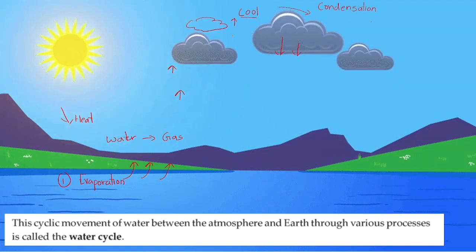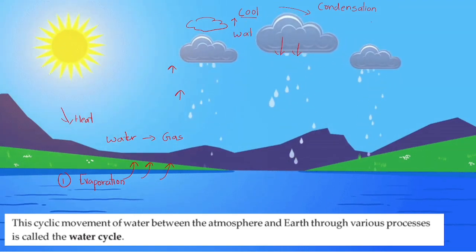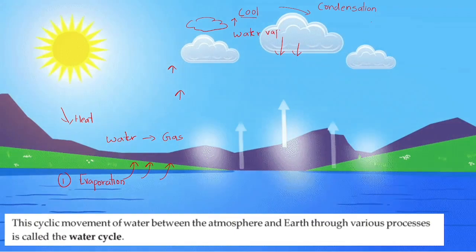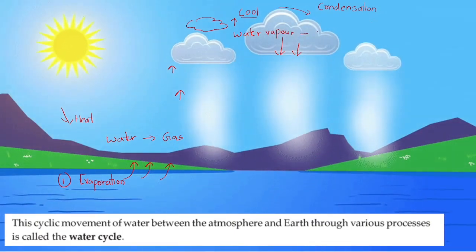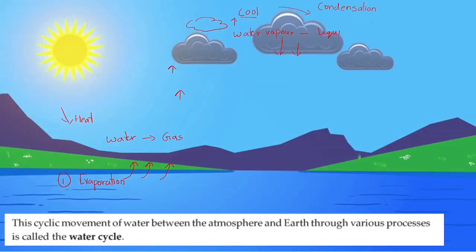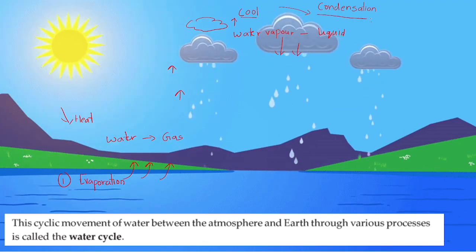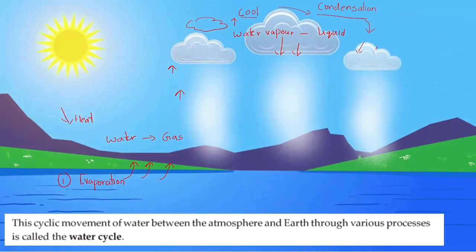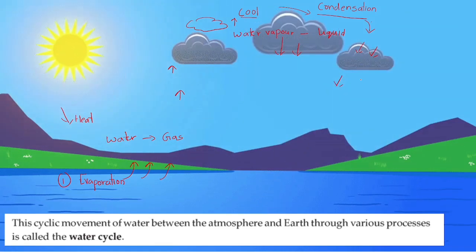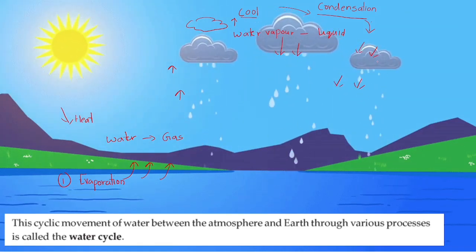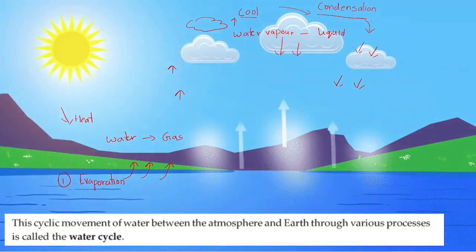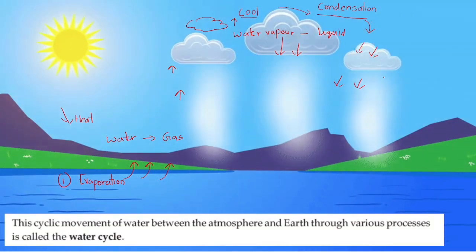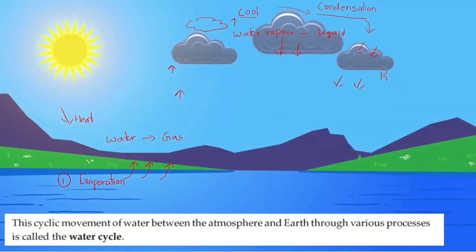So the water gets converted from the water vapor state into a liquid state, and this process is called condensation. As soon as condensation occurs, tiny droplets of water start coming downward, and this falling of water onto the earth's surface is termed precipitation.